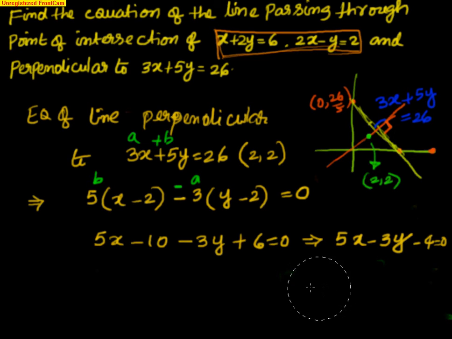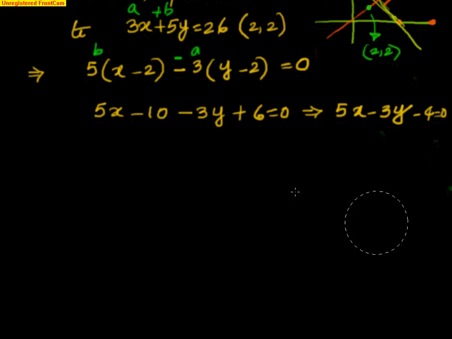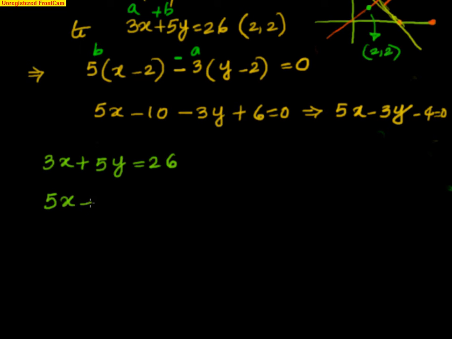Is there any other way? It's the same thing, but you are doing it in a different way. Now I know that the equation is 3x plus 5y equal to 26. Always the perpendicular line will be of the form 5x minus 3y plus k equal to 0.